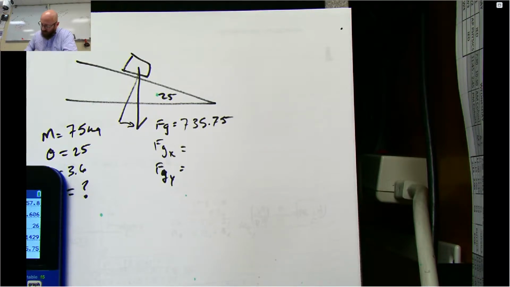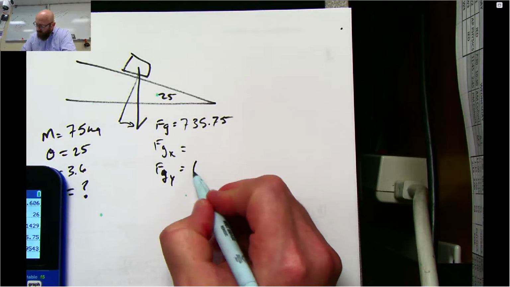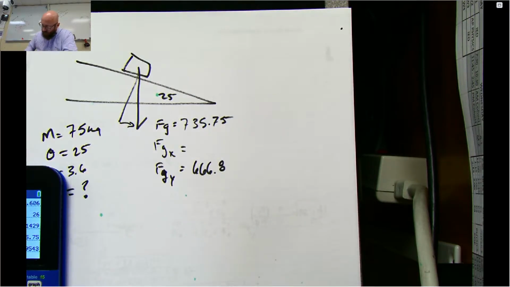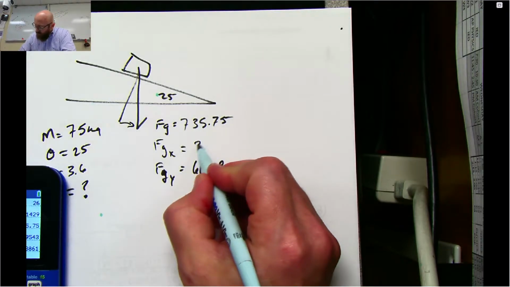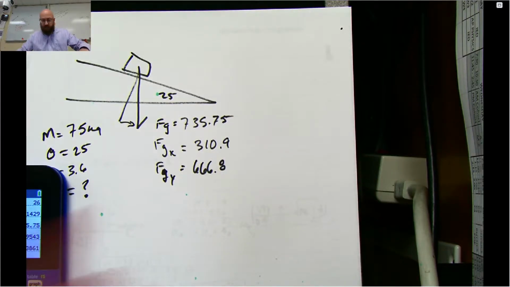F of g of y is 735.75 times the cosine of 25, so that's 666.8. F of g of x is 735.75 times the sine of 25, which is 310.9.